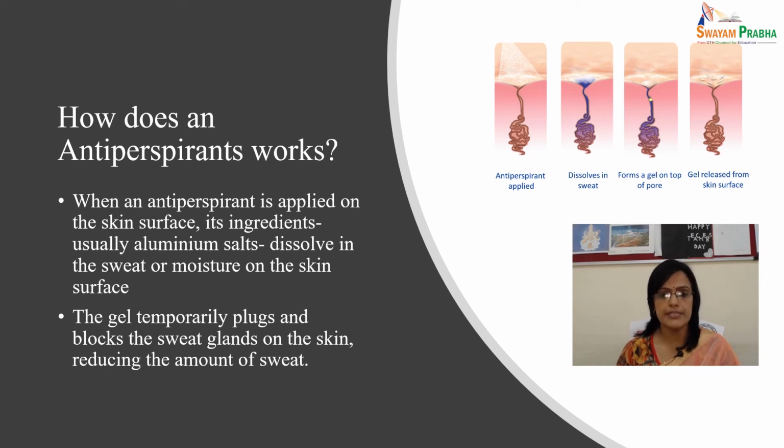When the antiperspirant is applied on the skin surface, its ingredients, which are usually aluminum salt, dissolve in the sweat or moisture on the skin surface. The gel temporarily plugs and blocks the sweat gland on the skin, reducing the amount of sweat that seeps through. This is how antiperspirants work.